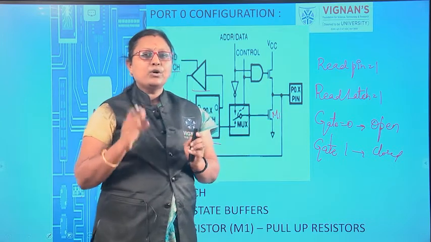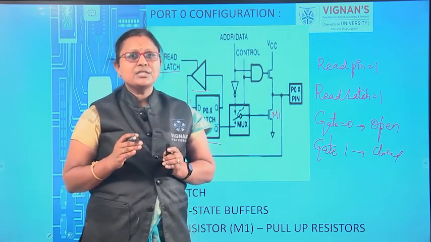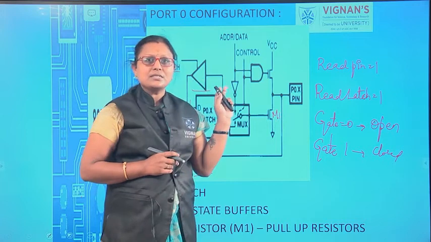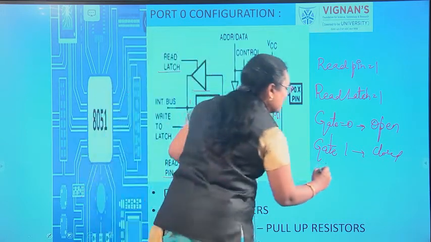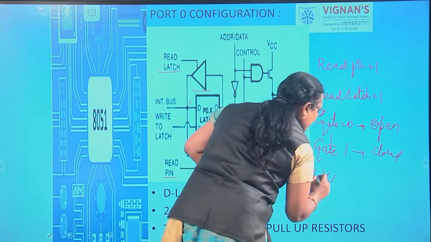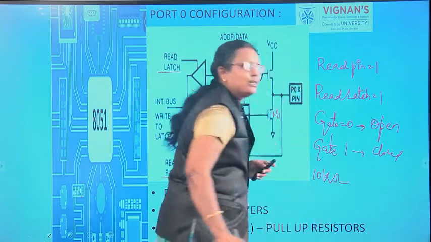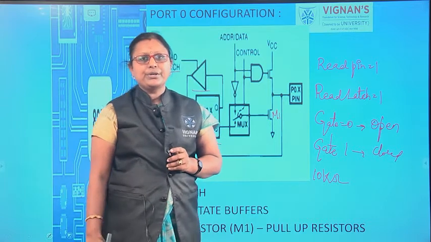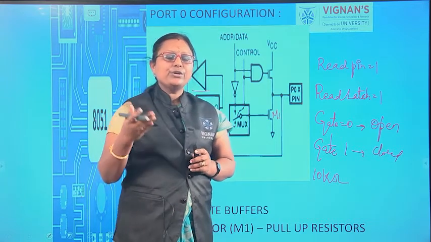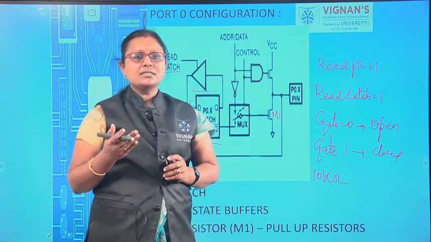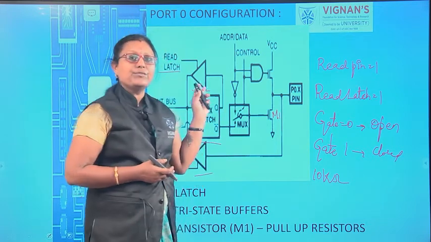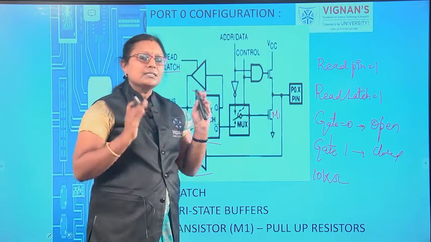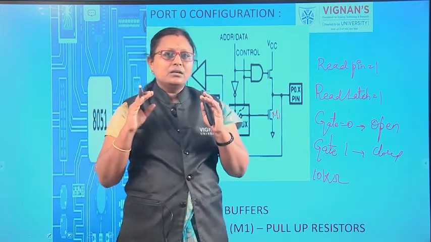The main importance of this port 0 configuration is that here we do not have the pull up resistor internally. We have to add a 10 kilo ohm resistor as a pull up resistor over here. Why do we go for the pull up resistor? What is its purpose? Generally, when we are using these input pins, some input pins will not be in use.